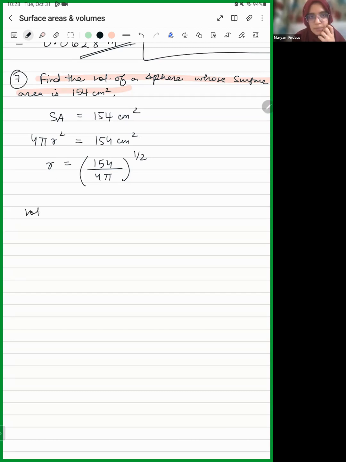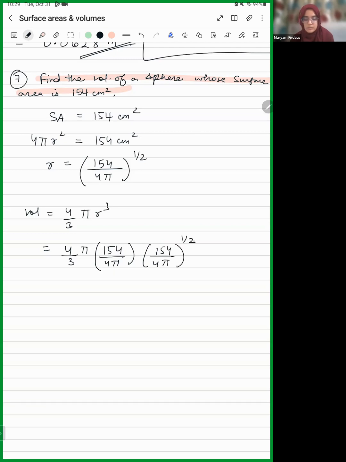Now coming to the volume. Volume is equal to 4 by 3 pi r cube, right? So 4 by 3 into pi into r cube. r is 154 by 4 pi whole to the power 3 by 2. 3 by 2 basically means this thing multiplied by 154 by 4 pi to the power 1 by 2.